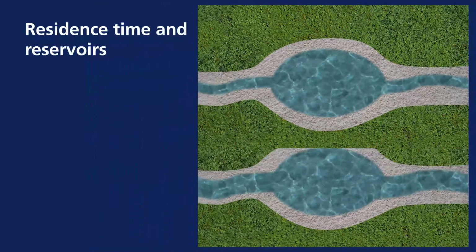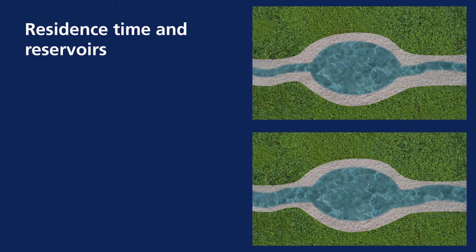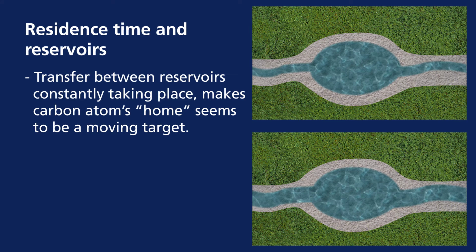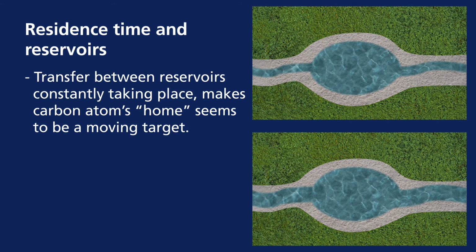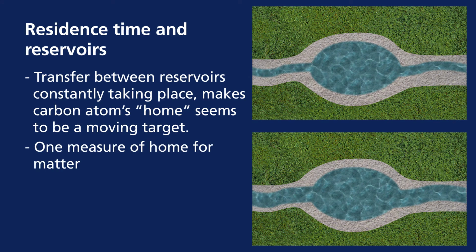Related to the flux is the residence time of the reservoir. Transfer between reservoirs is constantly taking place, making, for example, a carbon atom's home seem to be a moving target.